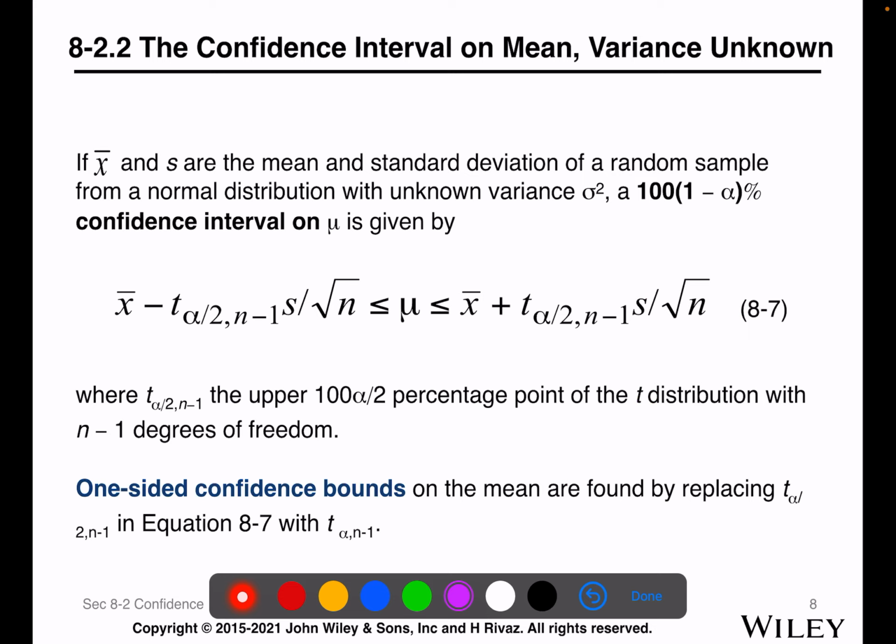So x bar is the mean that we calculate from a few samples, and S is the standard deviation that we also calculate from a few samples. The X's are sampled from a normal distribution, so the original distribution was normal.